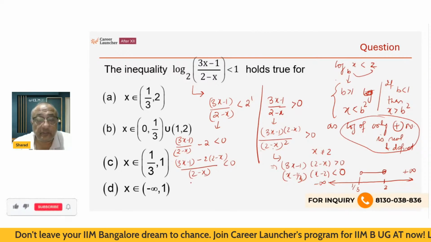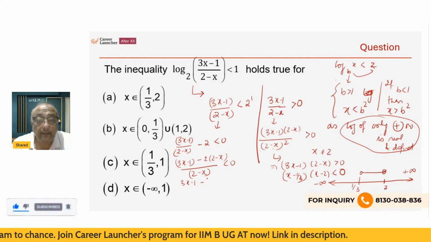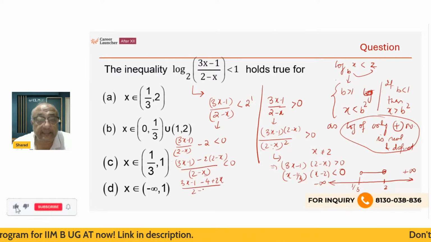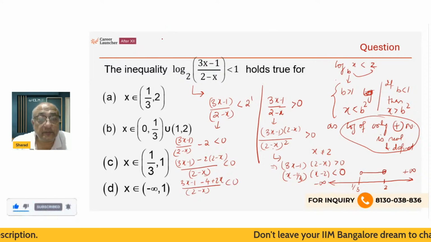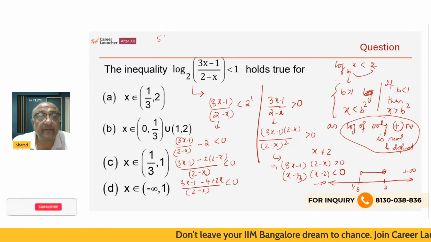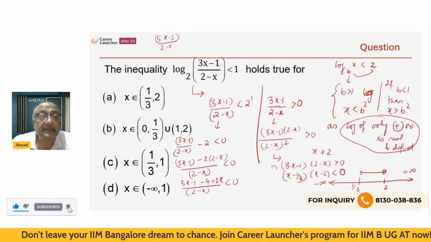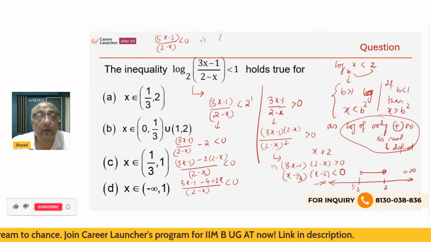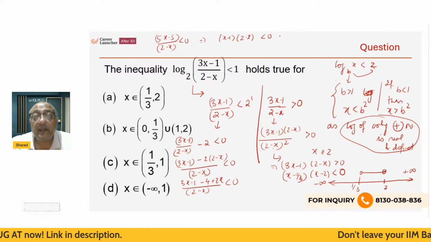So this will become (3x minus 1 minus 4 plus 2x) upon (2 minus x) less than 0. Right, children? Let us use this upper space here. This is (5x minus 5) upon (2 minus x) is less than 0. I can write 5 common (x minus 1) and multiply with (2 minus x) less than 0.